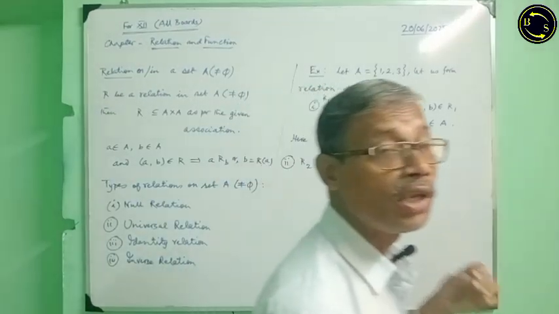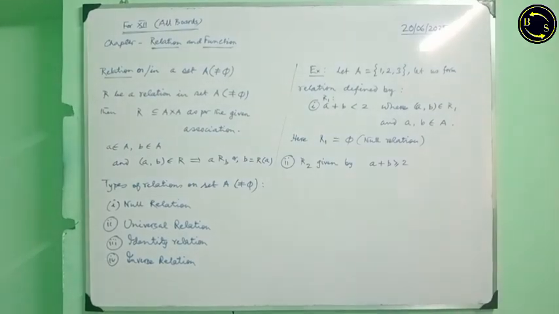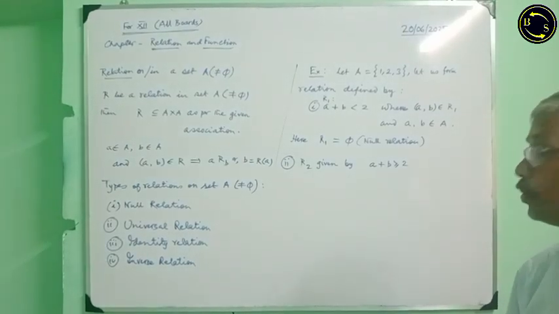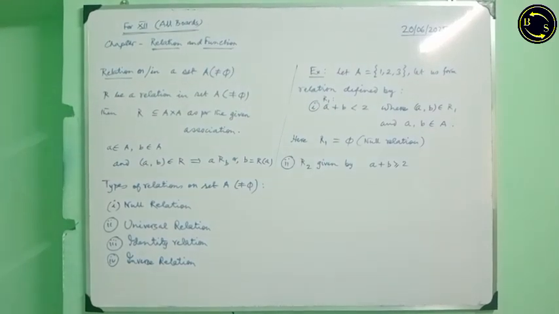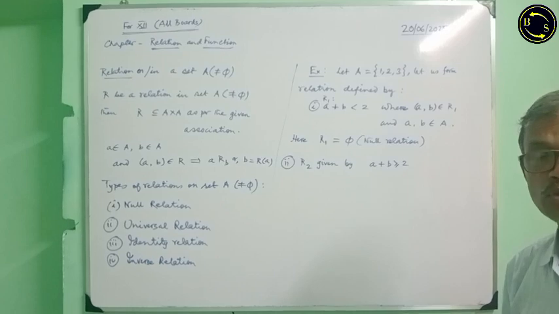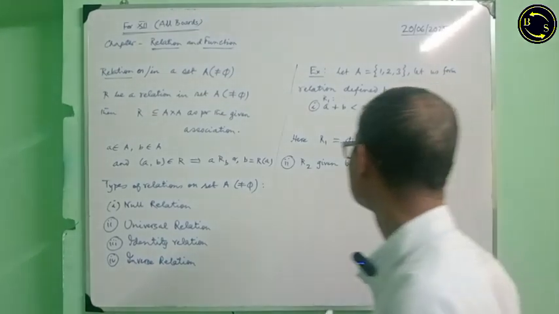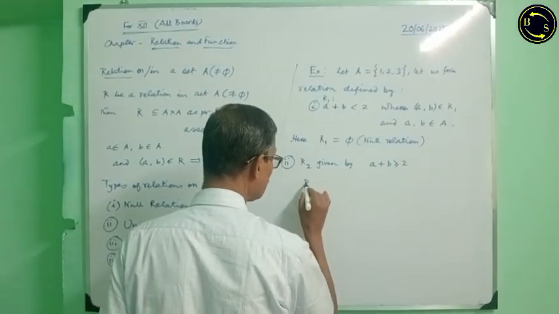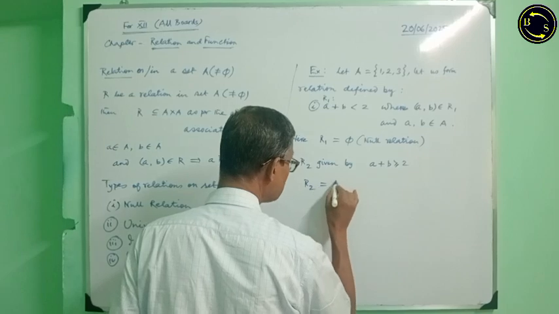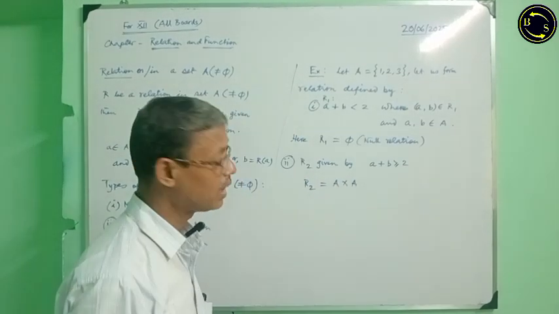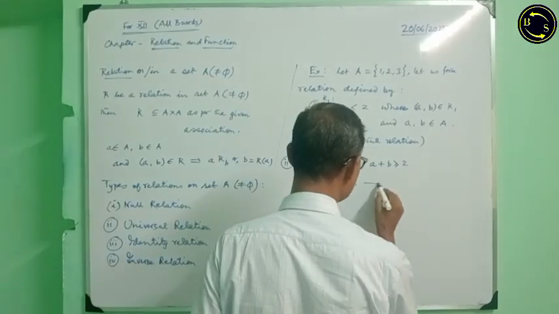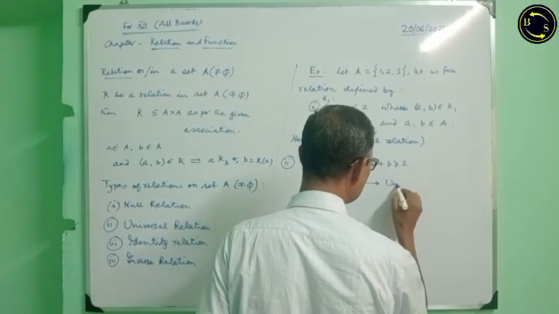As the sum of the least members of A and A will be 2, therefore the sum A plus B, for A and B, will be 2 or more than 2. Therefore, in this case, R2 is the Cartesian product A cross A, which is the universal relation.